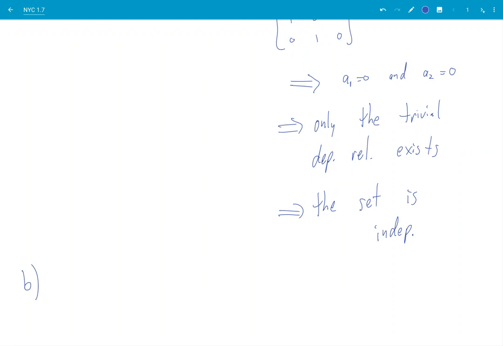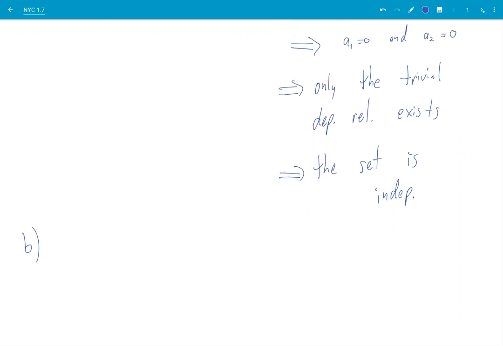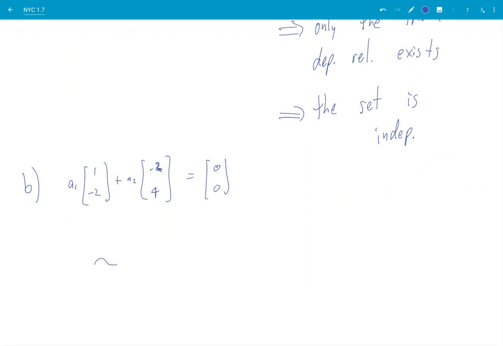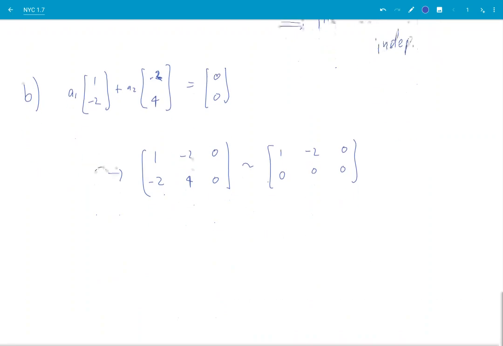B. A1 (1, -2) plus A2 (-2, 4) equals (0, 0). I'm going to go about this the same way I did part A. Use a matrix, 1, -2, -2, 4, 0, 0, reduce, and what do you get? Well, you get a free variable.